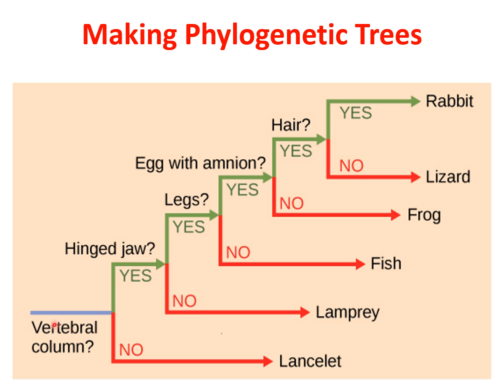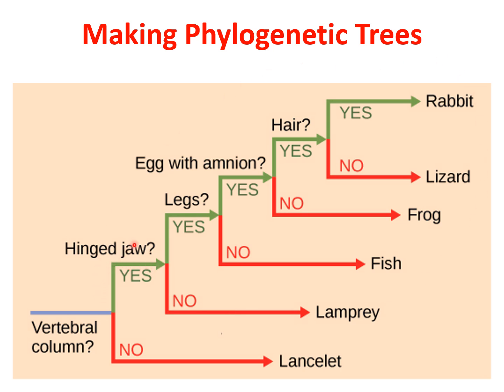And so maybe you're looking at a vertebral column. Well, lancelets do not have a vertebral column, so you would put them on this branch, whereas everything else here does have a vertebral column, so they would be on the yes branch.